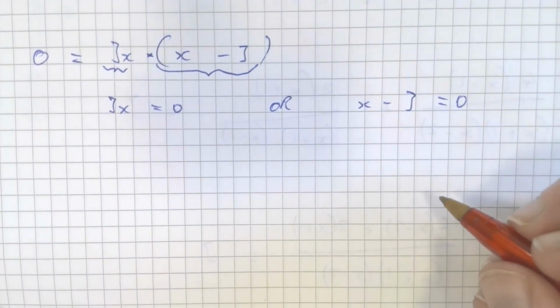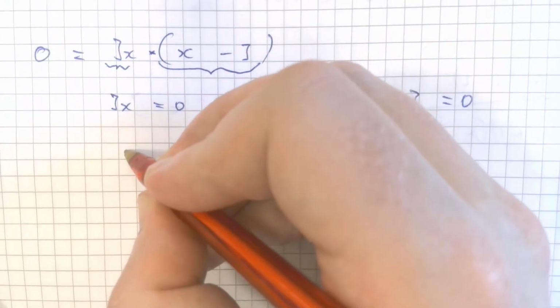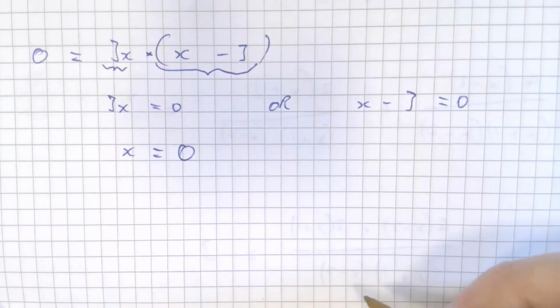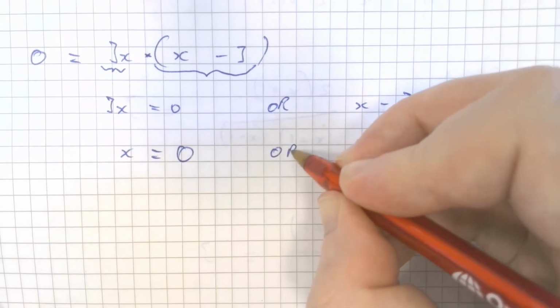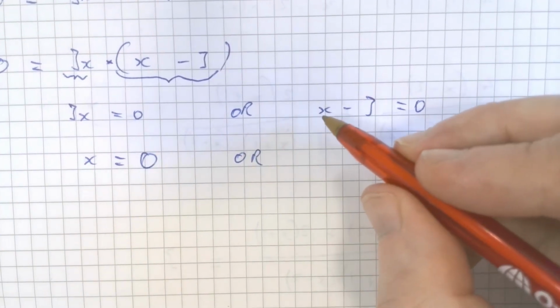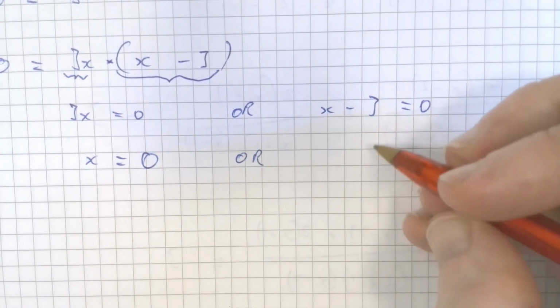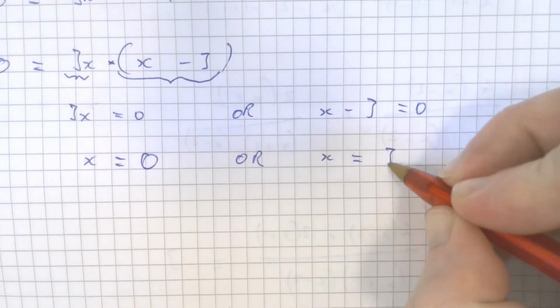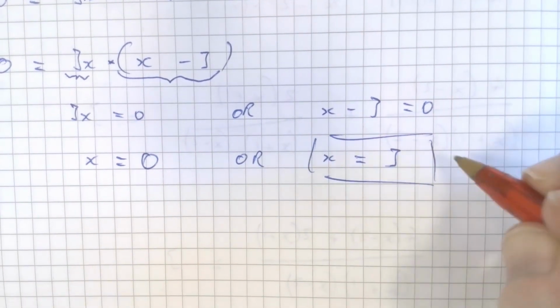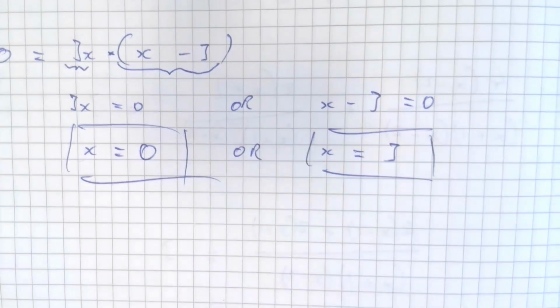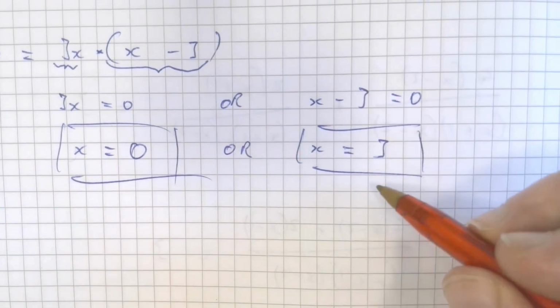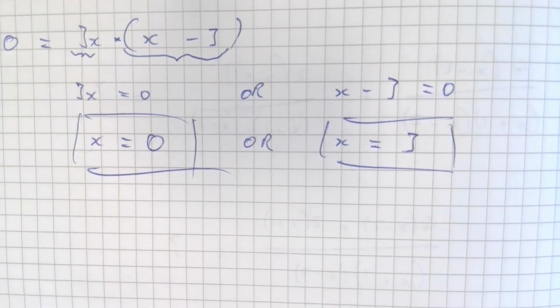What values of x make that the case? Well, for 3x equaling 0, x has got to be equal to 0, or for x minus 3 equals 0, what do I take away 3 from to make 0? Well, that's got to be 3. 3 take away 3 equals 0, so x has got to be equal to 3 for that case.